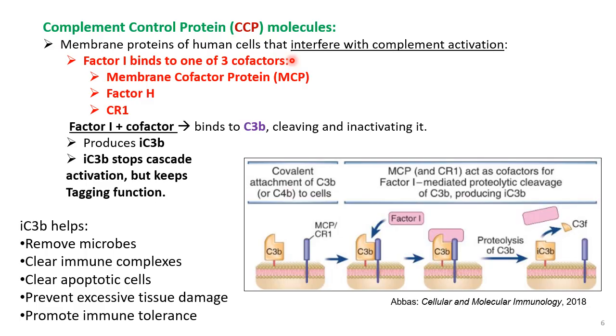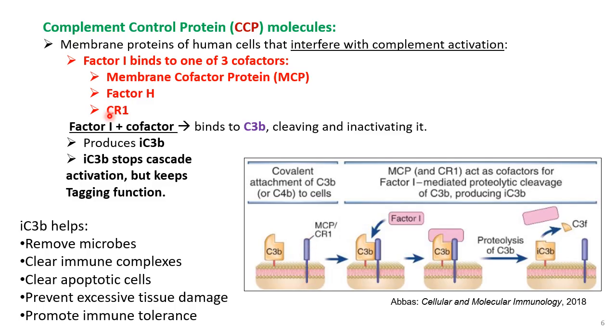So what's going to happen here? You have factor I floating around, but by itself it is not going to do anything. It needs to associate with a cofactor. So factor I flies around, and then it needs to find a cofactor. It can associate with this cofactor that is called membrane cofactor protein, a cofactor protein on the surface of the cell, just like Daffy was.